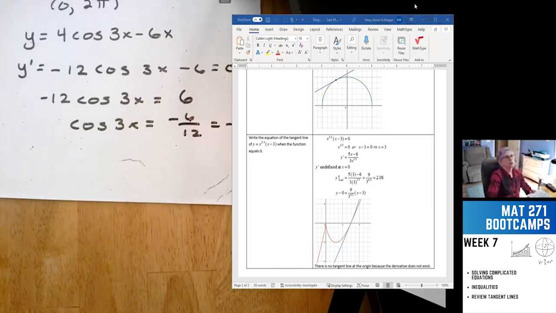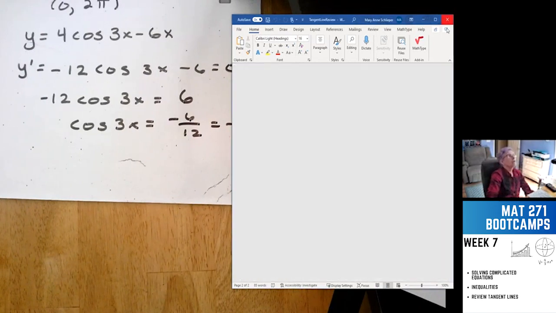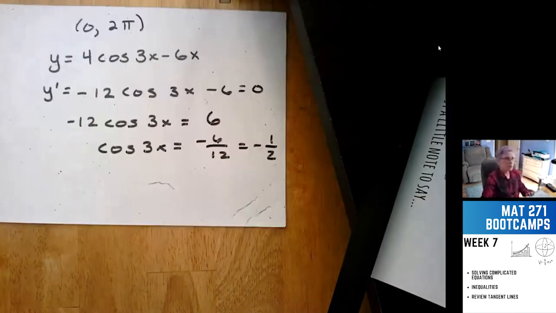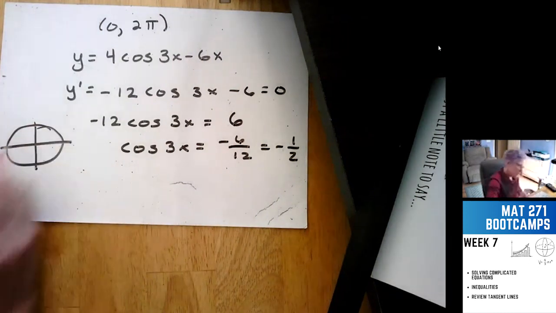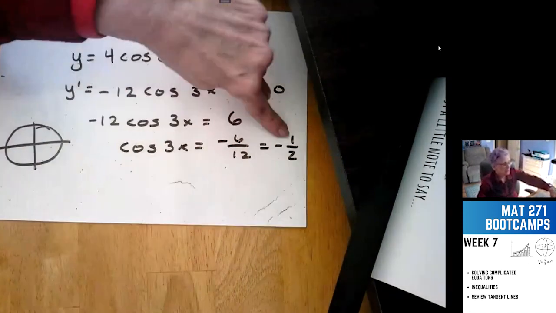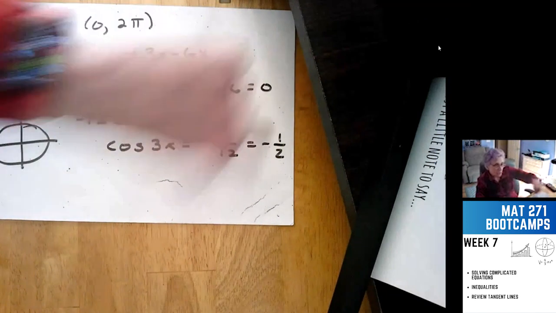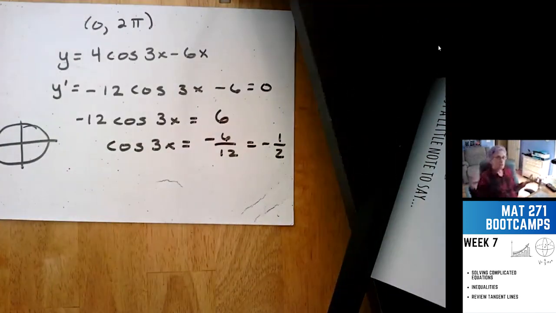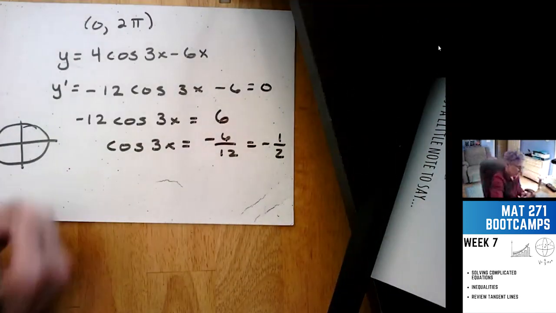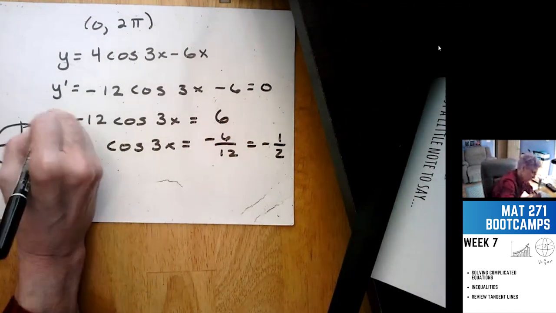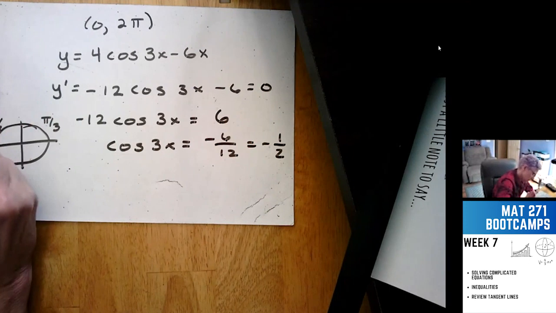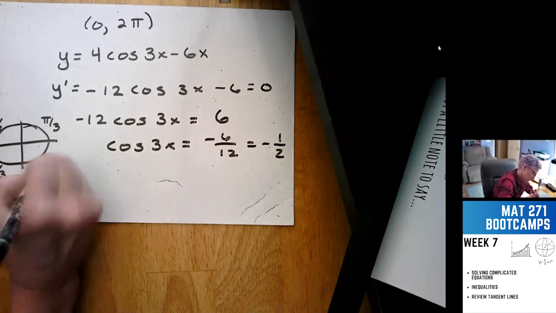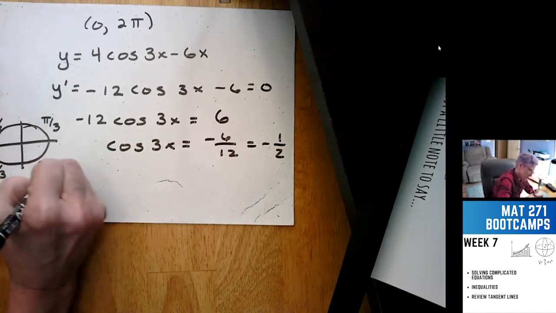Right. Okay. And then you thought about your unit circle. Right. And you said, well, I know cosine is 1/2 anywhere that has 3 in the denominator. So it's equal to 1/2 at pi over 3, 2 pi over 3, 4 pi over 3, and 5 pi over 3.